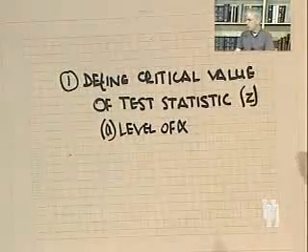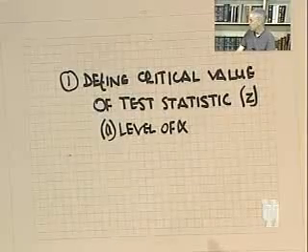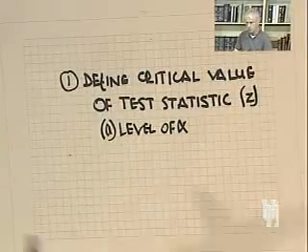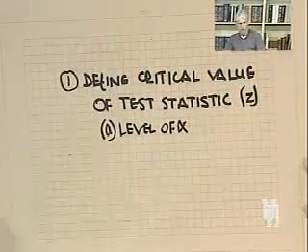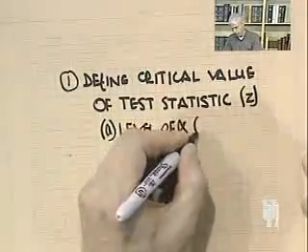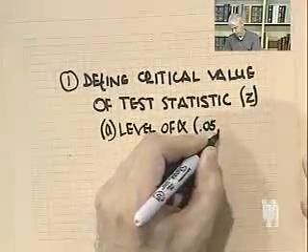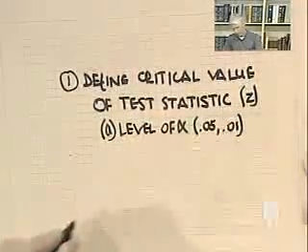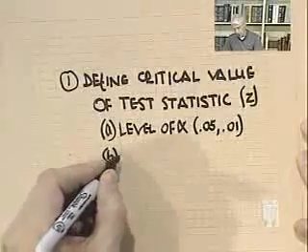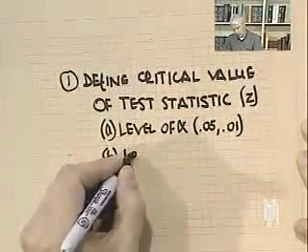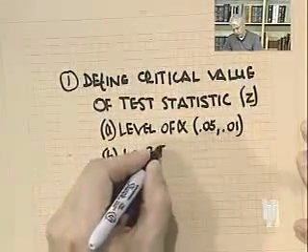The researcher sets the level of alpha, so we can determine the level of alpha very straightforwardly, 0.05 or 0.01. The second thing is to decide whether the test is one or two-tailed.